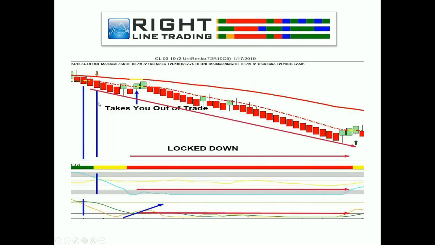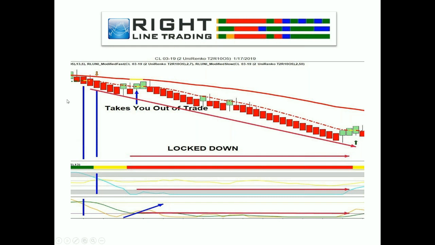Now let's compare it here to the stochastic. Remember, the Laguerre is formatted for stability. The stochastic jumps around. So the stochastic is going to get you in two candles early. Right here on this blue line is the cross of the percent K and the percent D below the 80 line.